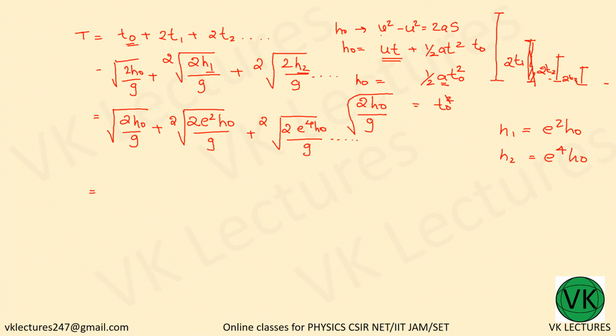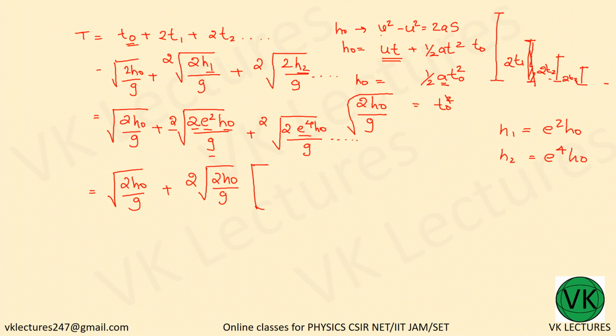Right, now again we can take this outside and write root of 2 h naught by g plus 2 into, let us bring 2 h naught by g within the bracket.